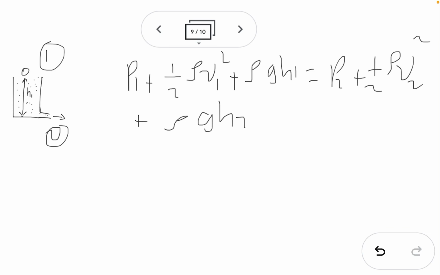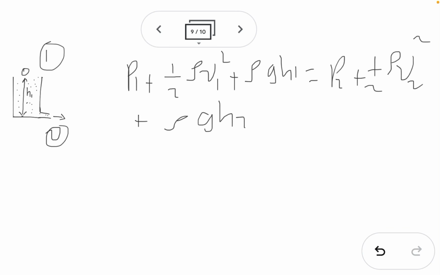At the top here, because the opening at the bottom is very small, the speed of the fluid can be assumed to be 0, because the top part is very big compared to the smaller opening. The flow rate will actually be so small. So we assume the speed of the fluid at the top is 0.